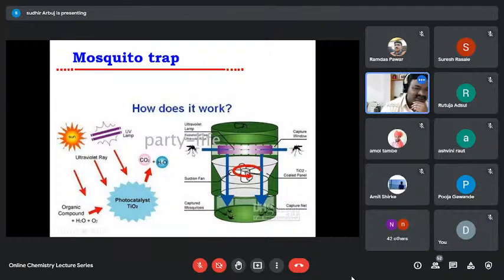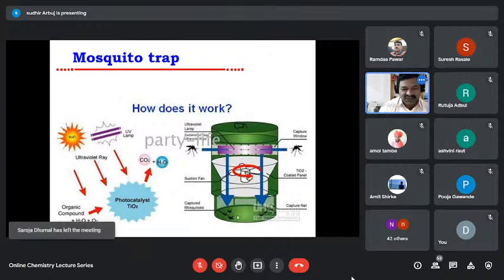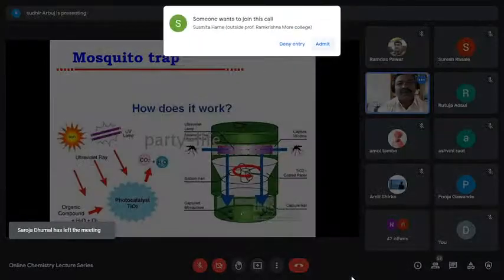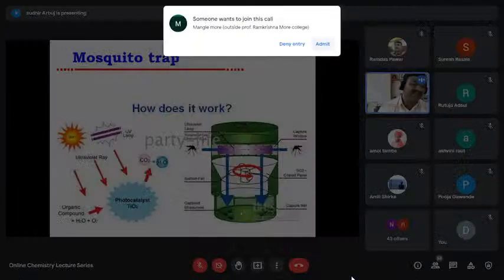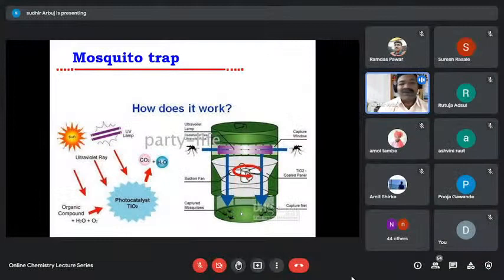This CO2 is sensed by the mosquitoes, and they come into this area, so that with time they get stuck in the capture net. How does a mosquito bite a human being? We just exhale CO2, and mosquitoes sense this CO2 and bite us at night and everywhere. With the same phenomenon they have prepared the mosquito trap. This is a nice example of our photocatalysis technique.